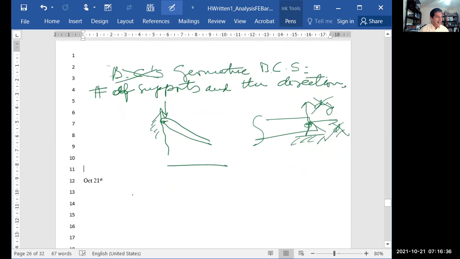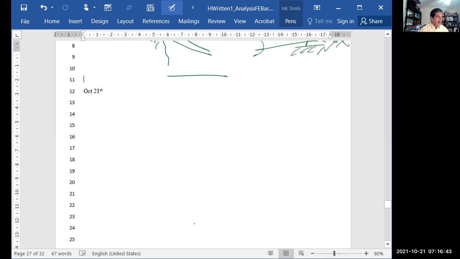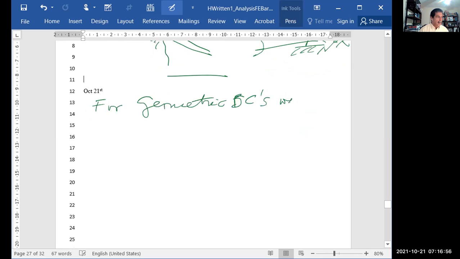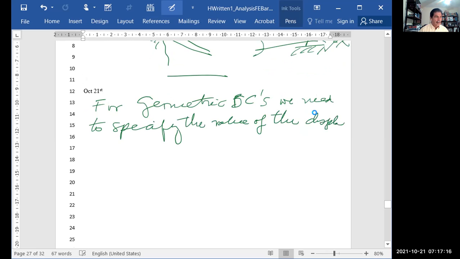So let me complement this in saying that for geometric boundary conditions, okay, we need to specify the value of the displacement of that joint.